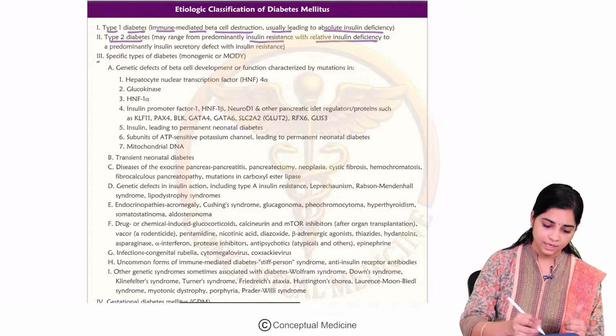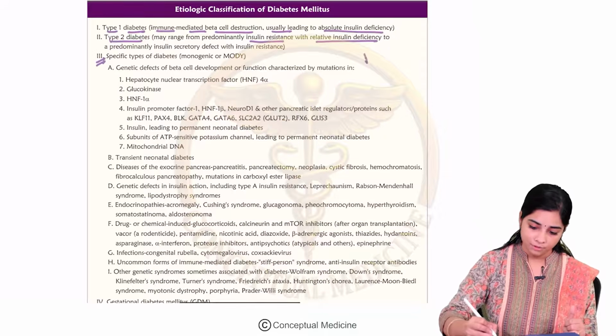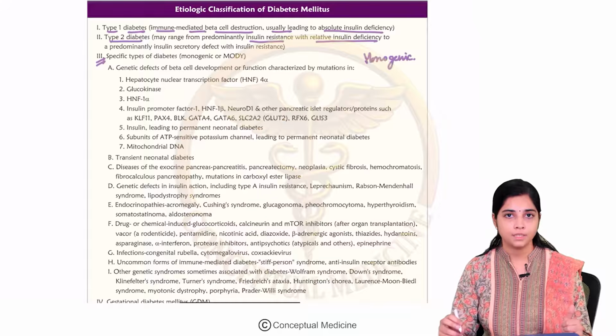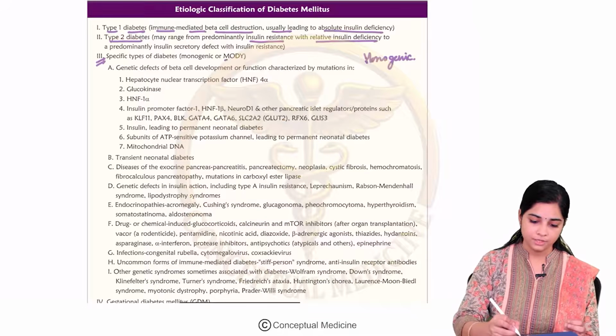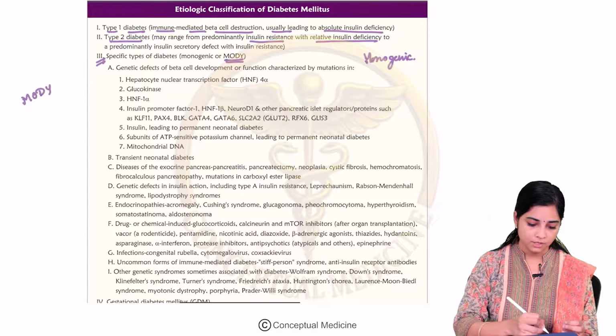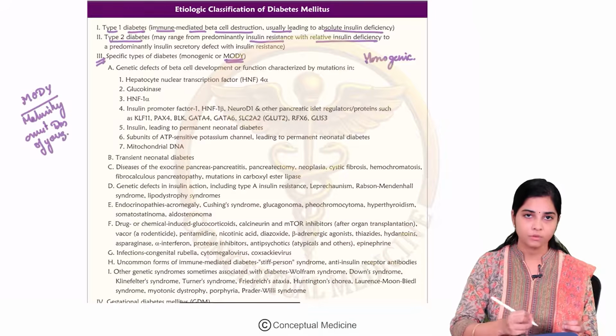Let us look at the other types of diabetes. First we have monogenic diabetes. Mainly we have maturity onset diabetes of the young. So MODY refers to maturity onset diabetes of the young.